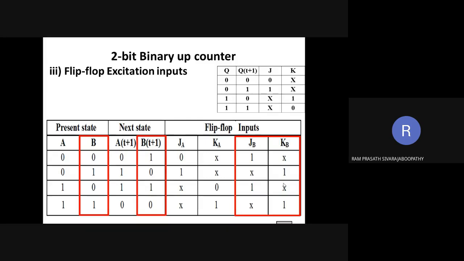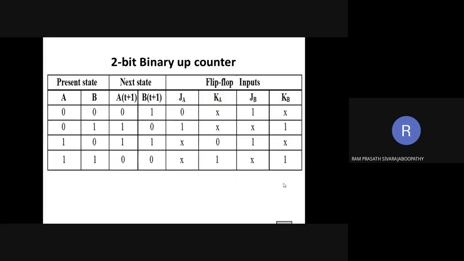Let me see. So now we have this table, the state table with excitation input. We redraw it again. Okay, now present state, JA. Present state you consider as input.